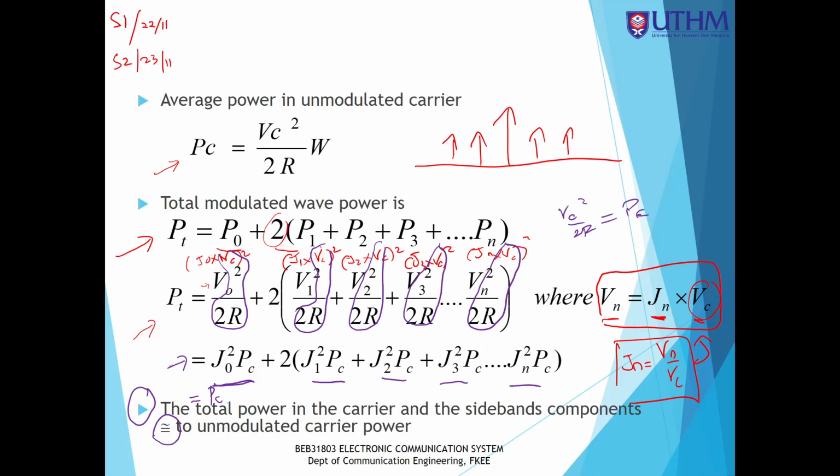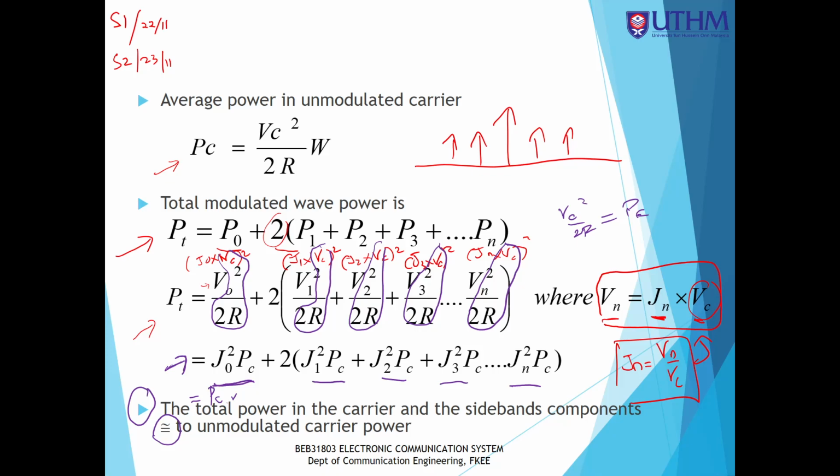For example, if you do the total calculation like this, you get 5.05 watt, but when you calculate the Pc, you get 5.01, for example. So the difference is 0 point something watt, very small. Why is it like that? Because theoretically it is equal to Pc. Why didn't I get the Pc? Kenapa saya tak dapat sama dengan Pc?